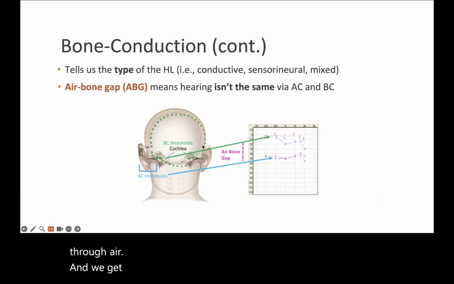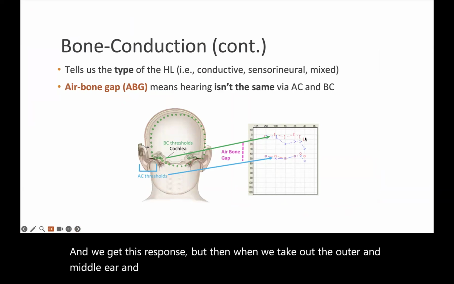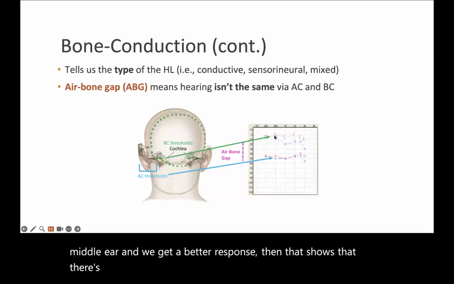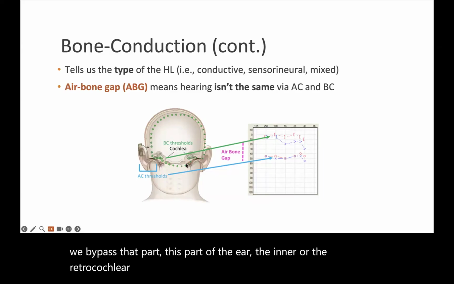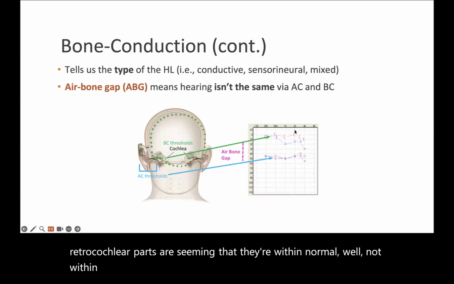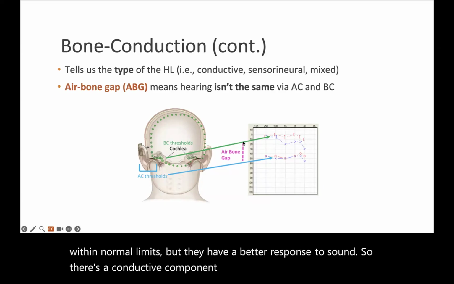But then when we take out the outer and middle ear and we get a better response, that shows that there's a conductive component to the hearing loss. Because when we bypass that part of the ear, the inner or the retrocochlear parts seem to have a better response to sound. So there's a conductive component because of this air bone gap.